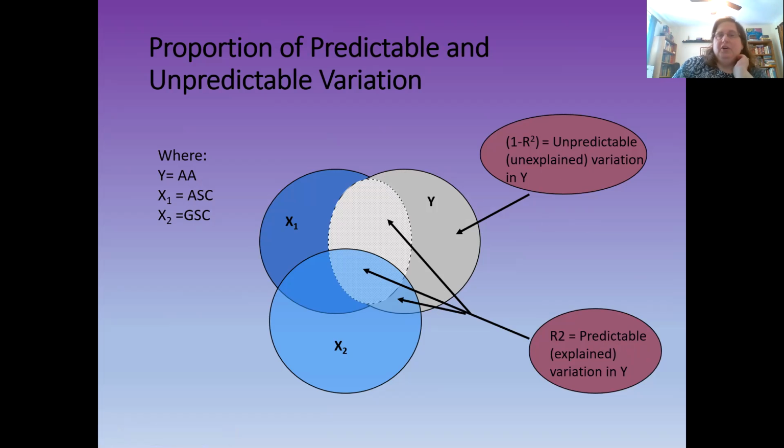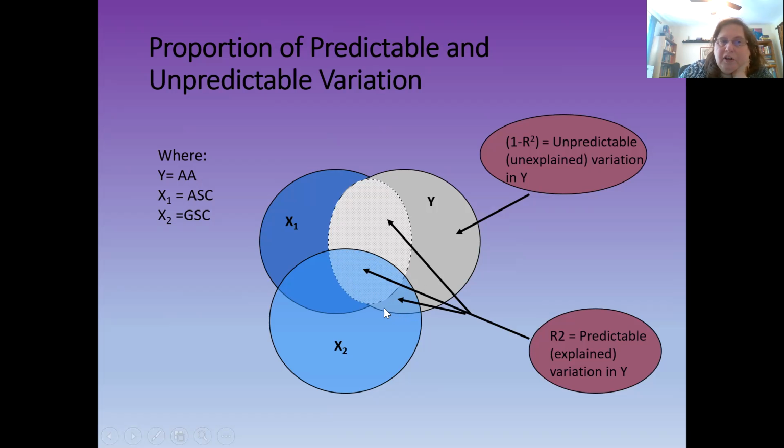Now let me ask you another question. Which one do you think is covering more? So let's eliminate this blue part here that's coming from both X1 and X2. So what's uniquely covered by X1? Just this kind of white part. And what's uniquely covered by X2?